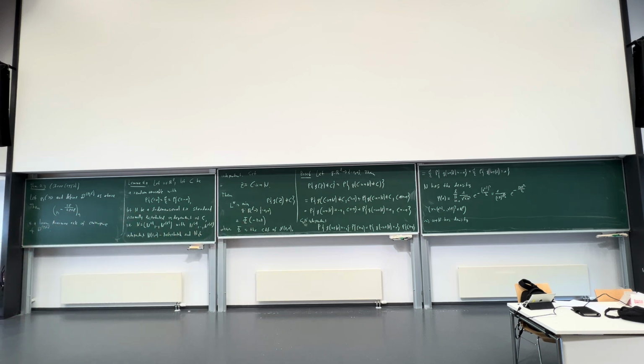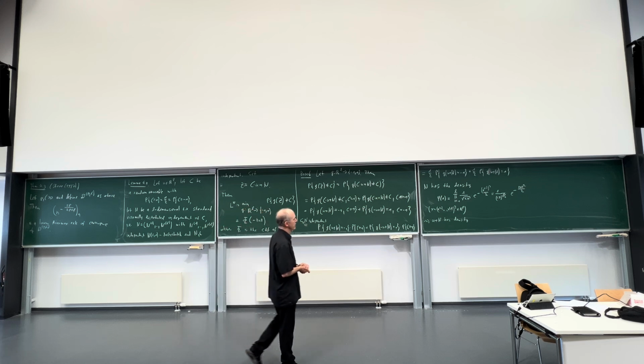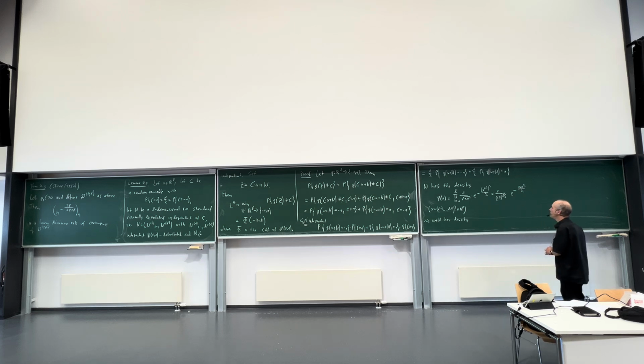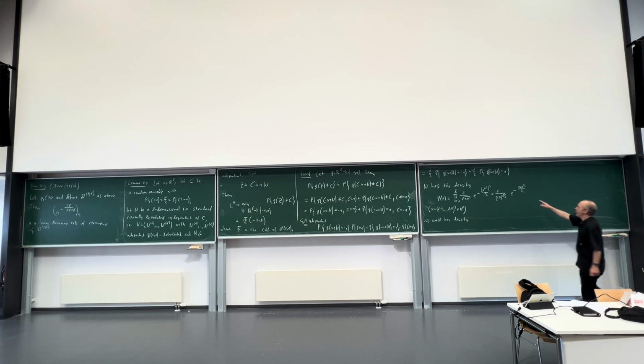Any idea what the density of u plus n is? In the norm, you have just x minus u.